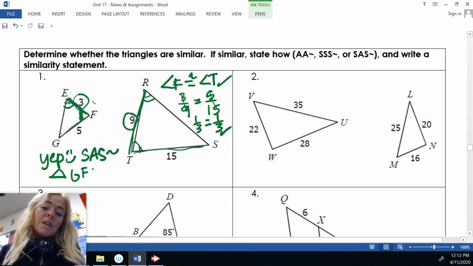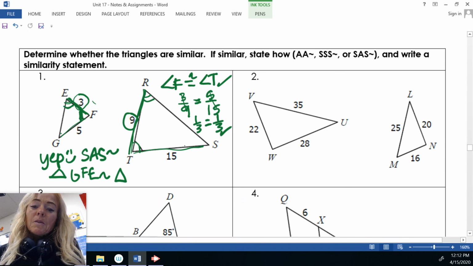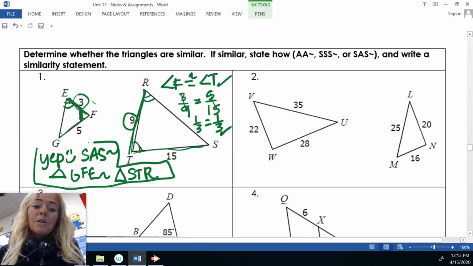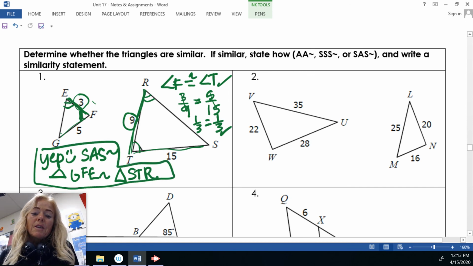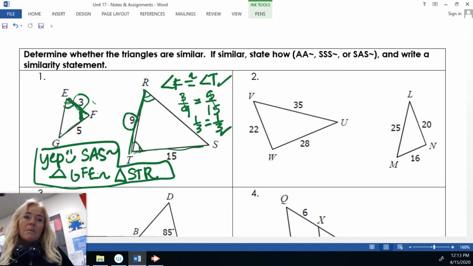So triangle GFE is similar to triangle, none to 1 to 2, is STR. All right, now when I correct these, I'm just going to be looking at making sure G's lined up with S, F's lined up with T, and E's lined up with R, and I don't necessarily care what order they're in. I just want to make sure that you've lined up the correct congruent angles in your statement. All right, so that should help with that.